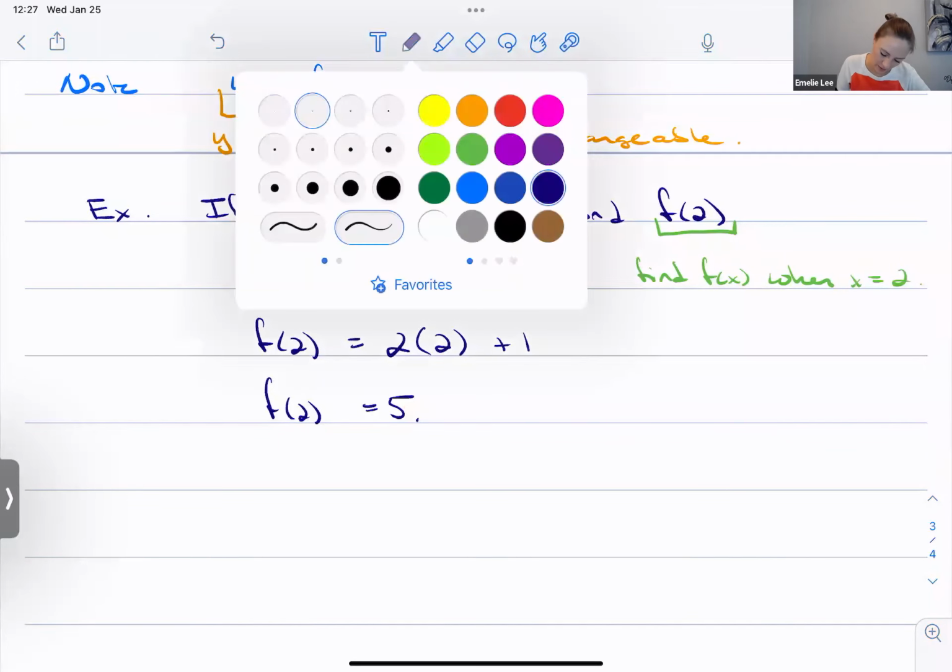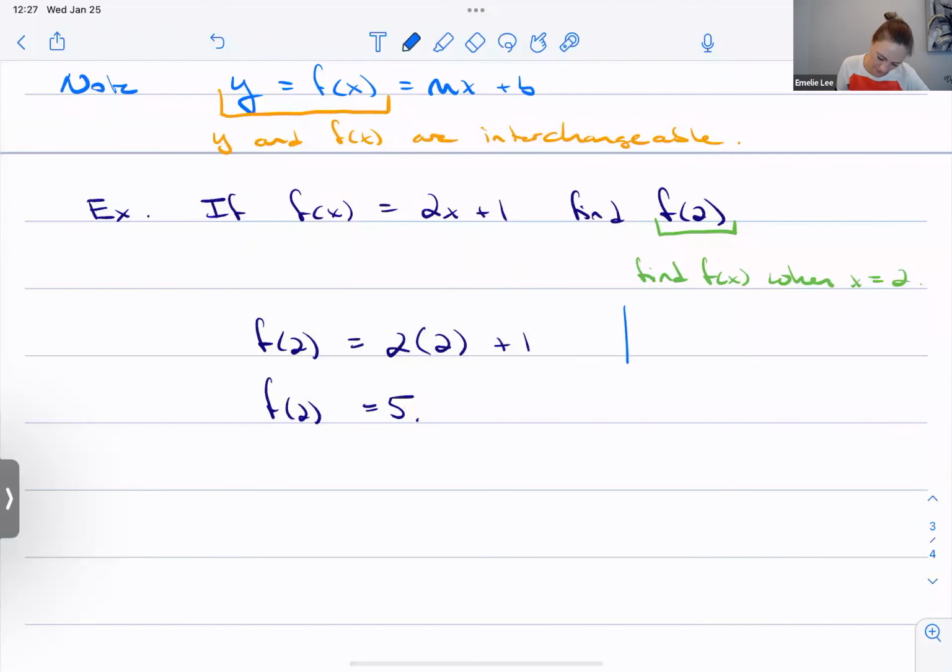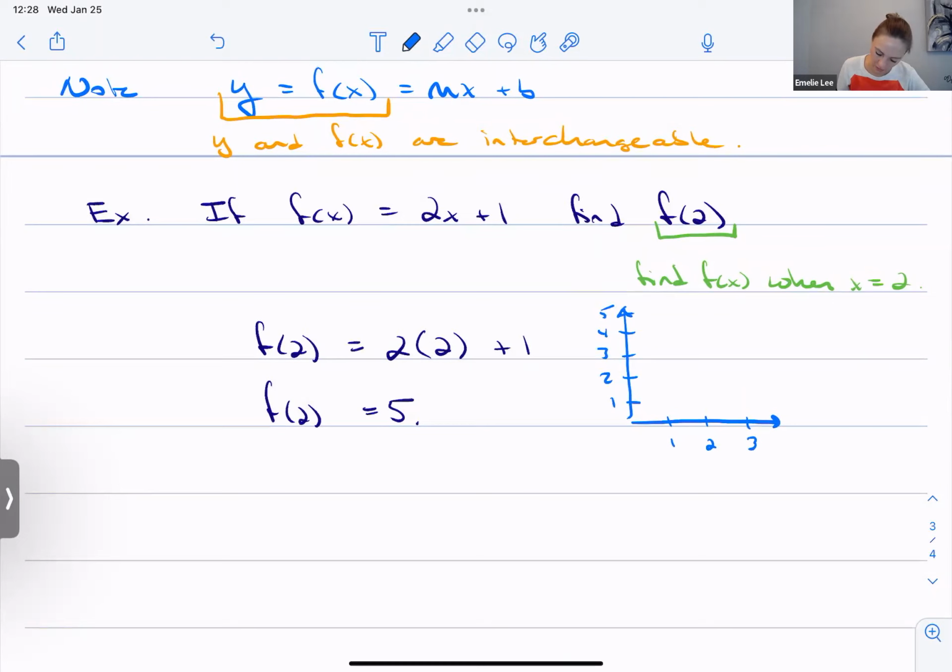We can draw this if we want to, just a quick sketch. When x is 2, y is 5.